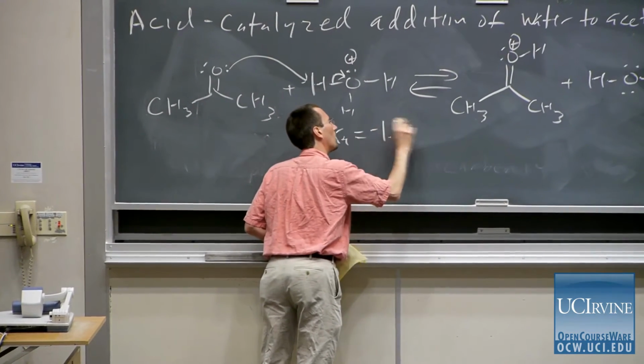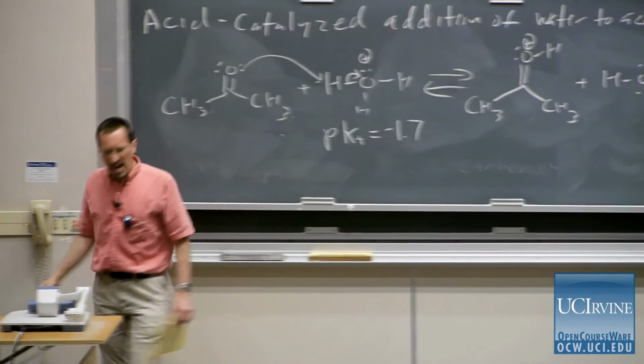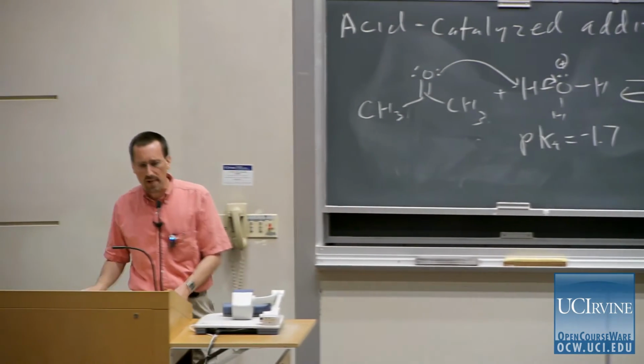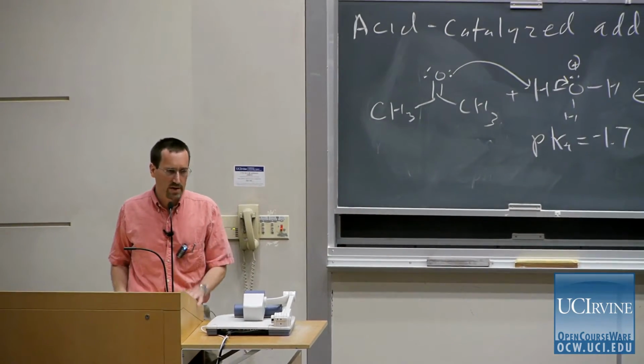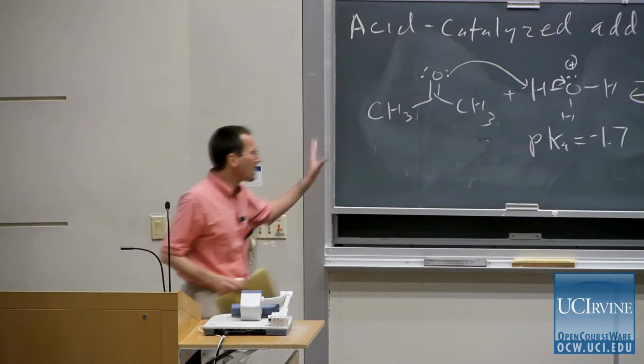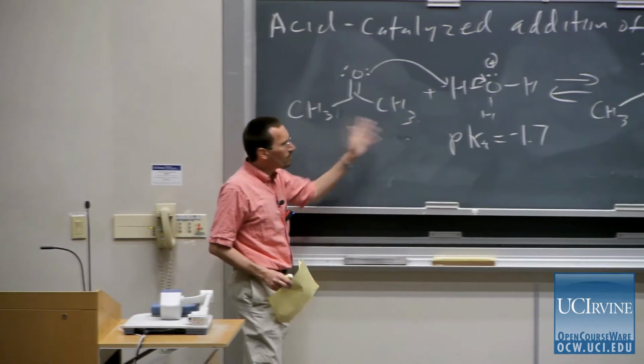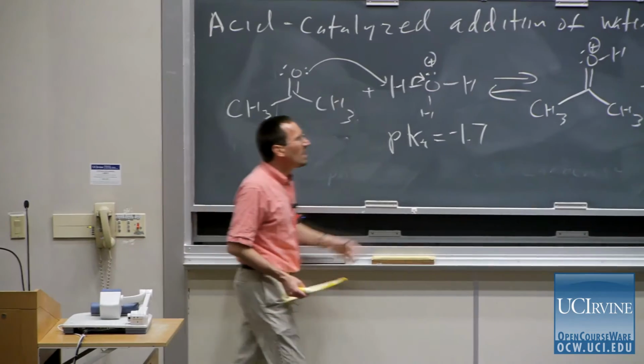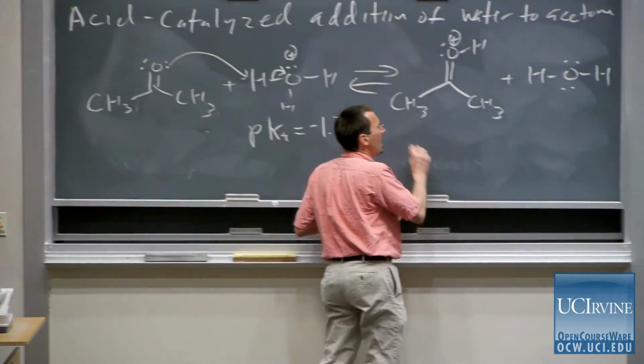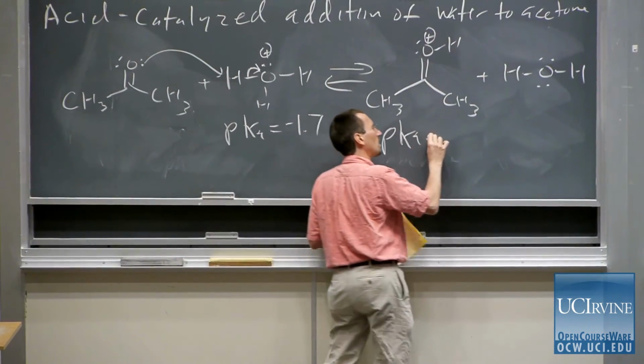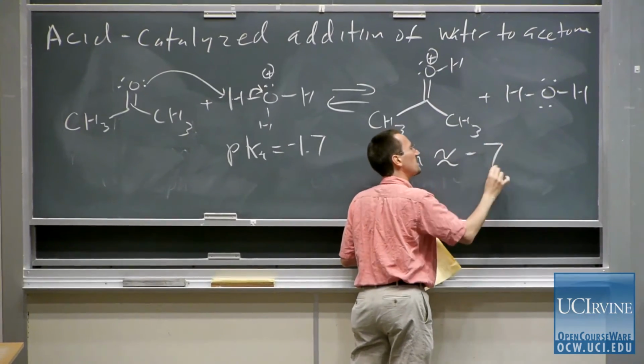Acetone is a bit less basic than water is. This equilibrium is going to lie a bit to the left. You're going to have protons going on and off. The pKa of protonated acetone is about -7.